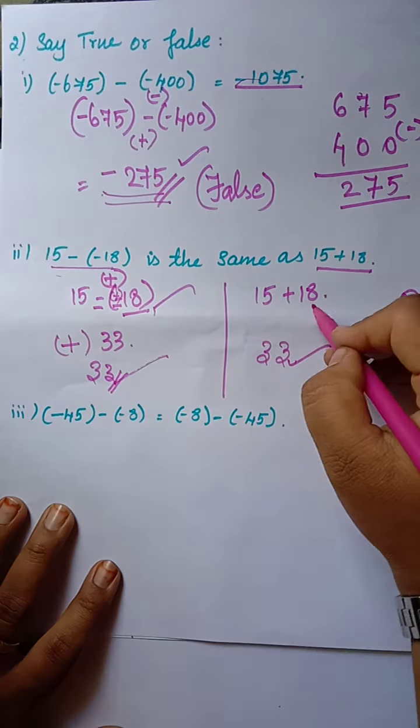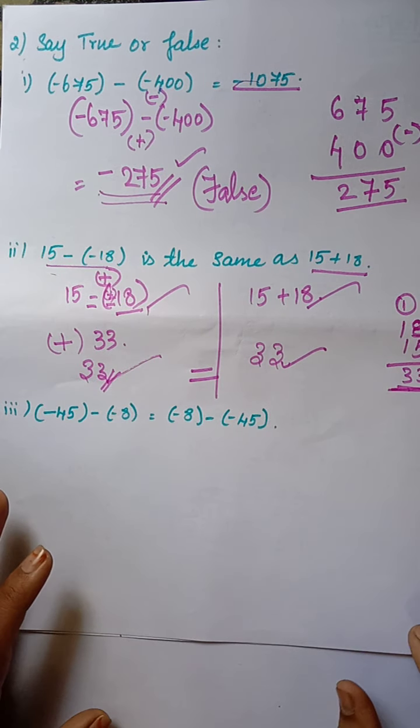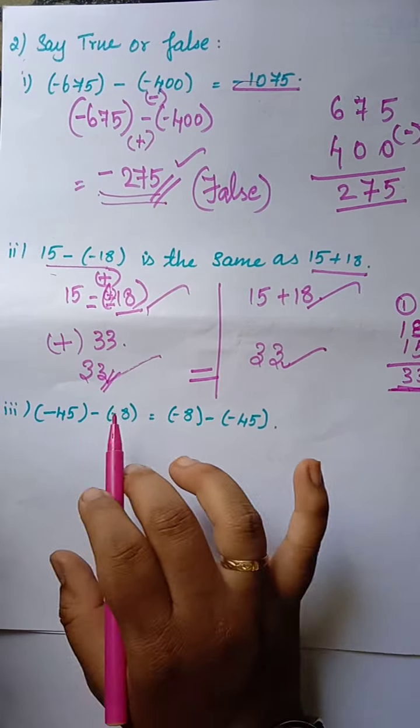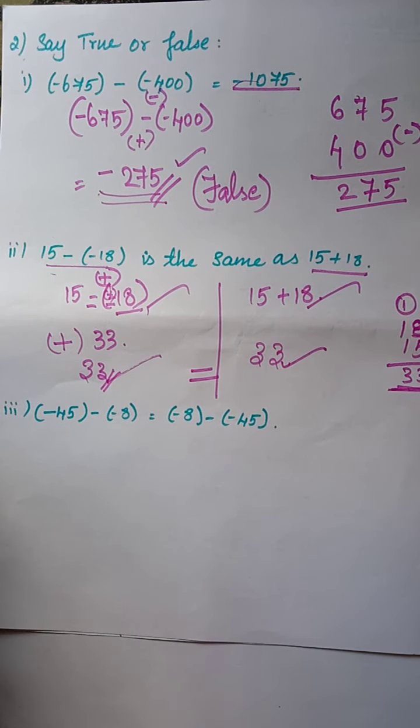So these two numbers are also the same. Both are what we are getting as an answer. If those two numbers are the same, our question is also the same. Understood? Both of these answers are the same for us. So how will these two questions be? They will be the same. Clear? So the statement they have given is true.